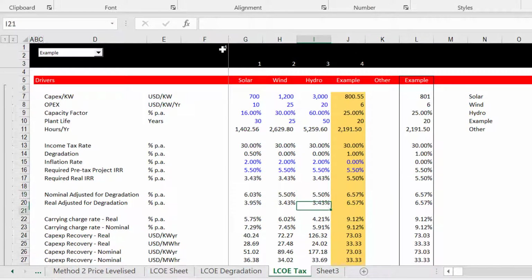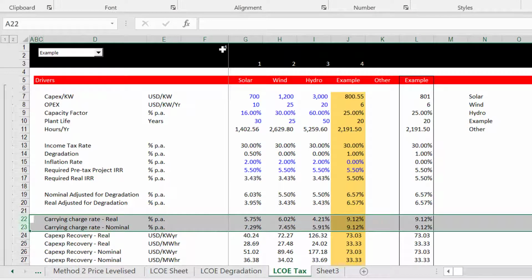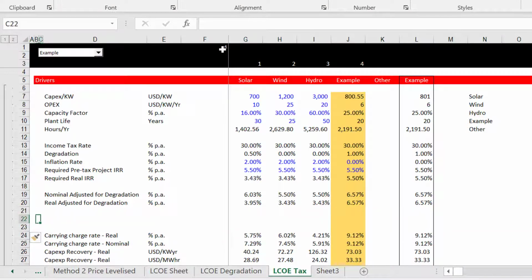Now, my supposition, which might be wrong, is that when we go down to these discount rates, we need to put a pre-tax discount rate, okay, with a percent p.a. And let's begin in a case where we don't complicate things too much.